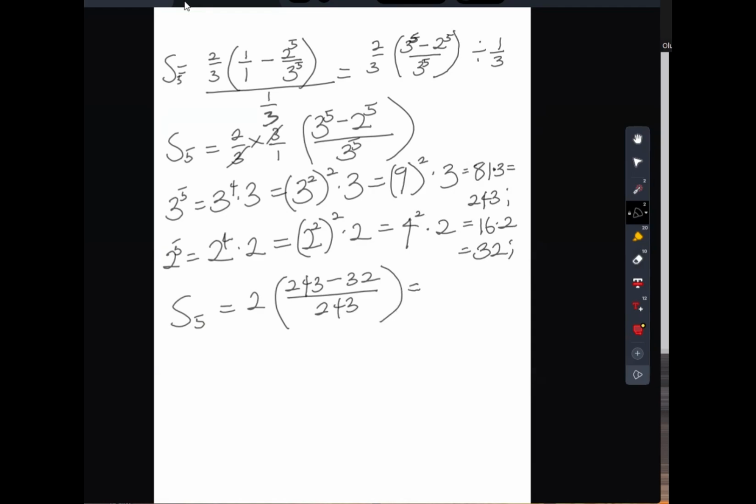And this is simply 2 times the difference, which is 211 over 243. And my answer is just 422 over 243. And that's that about that. This is what you're expected to do. This is an Olympiad question.